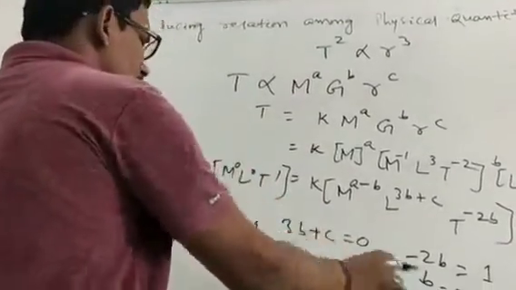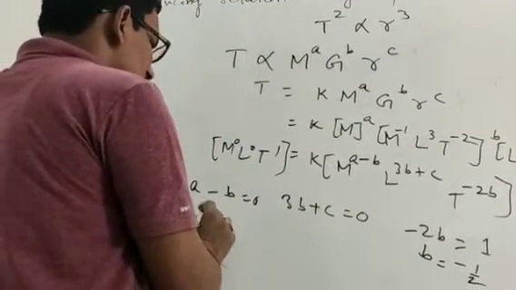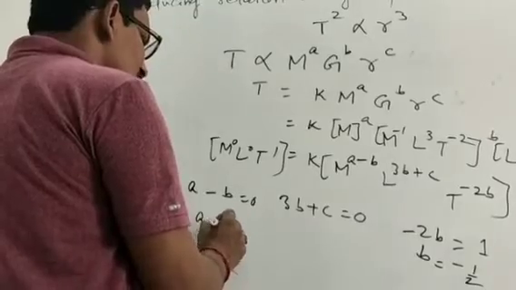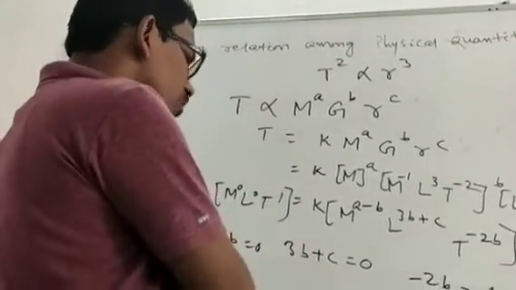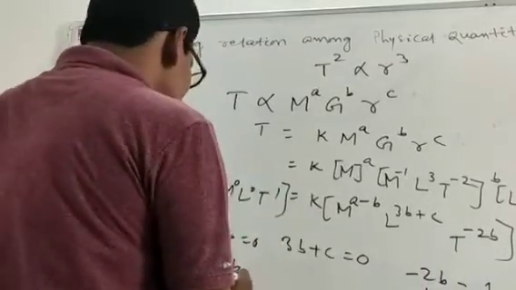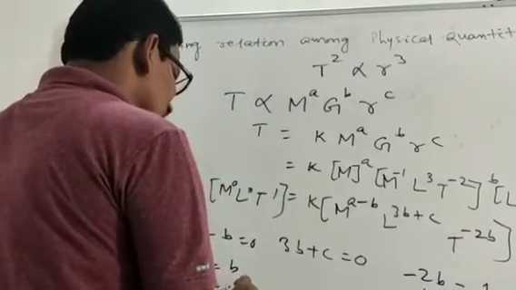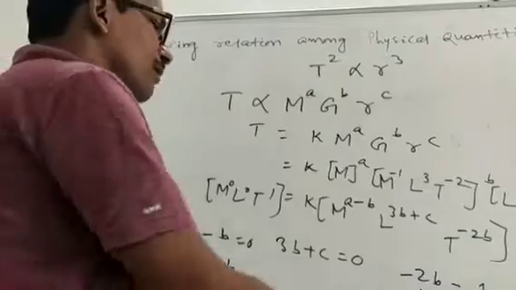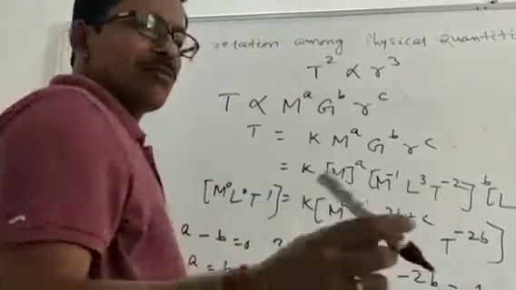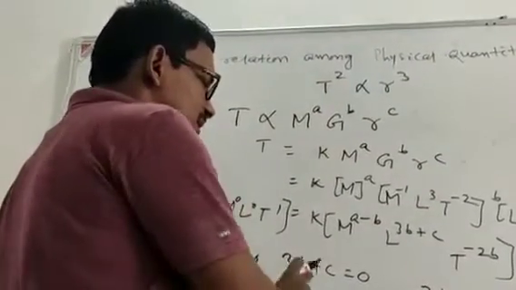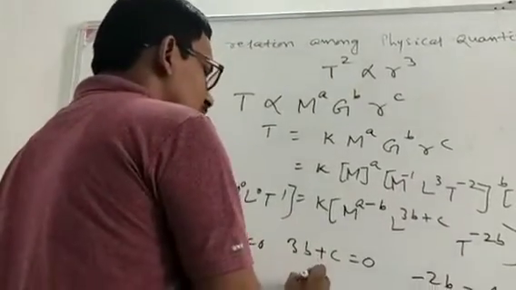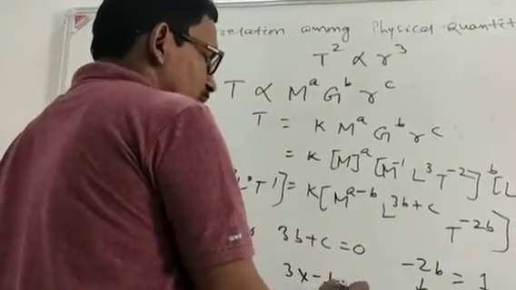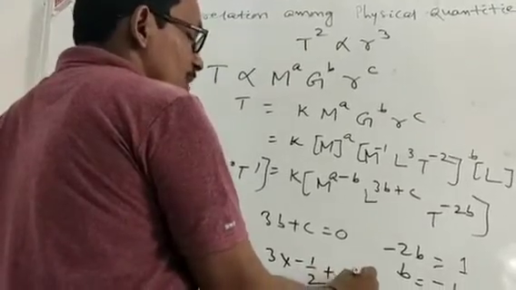And if you put the value of b here in this equation, a minus b equal to 0, so a is equal to b. So b is minus half, a also minus half. Now you have got the values of b and a. Now what is left? The value of c. Just put the value of b here, you will get the value of c. So 3 into minus 1 by 2 plus c is equal to 0.